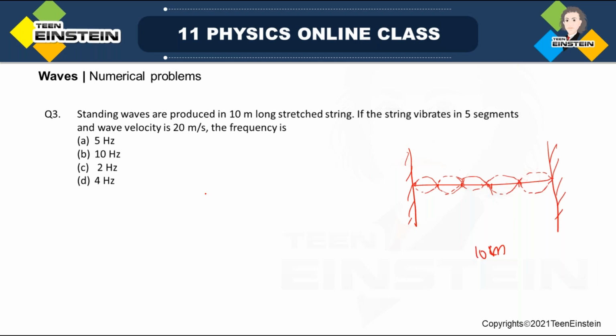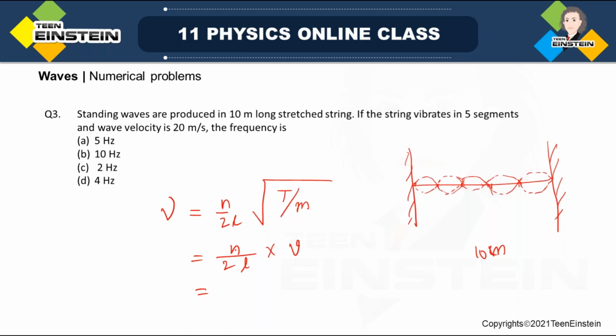So that fundamental formula is nu is equal to n by 2L root over T by M. So in a string where T is the tension, M is the mass per unit length, this N is the number of segments in which it is vibrating, and L is the length of the string, and this quantity is nothing but the speed of wave in the straight string.